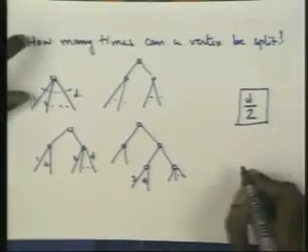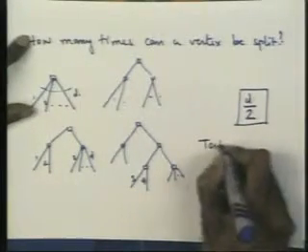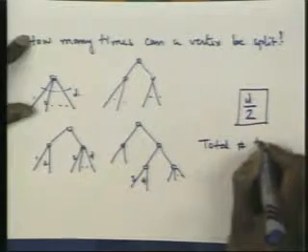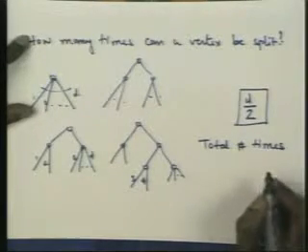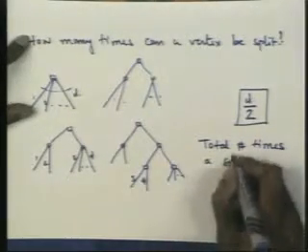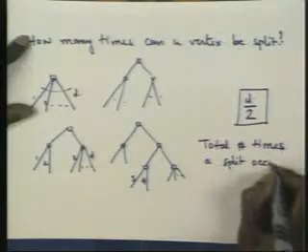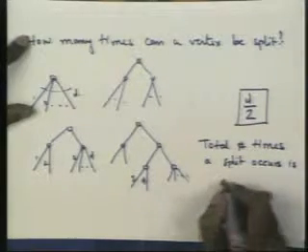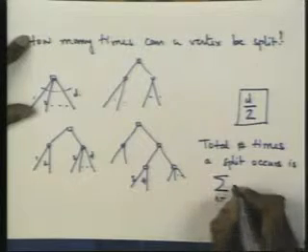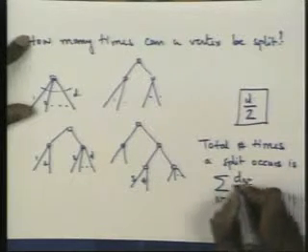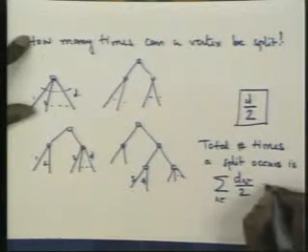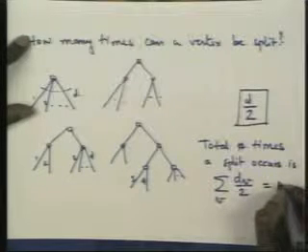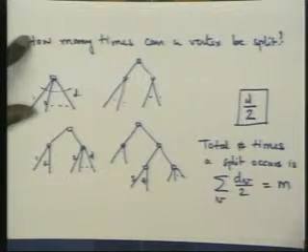So the total number of times a split occurs is the summation over all vertices of d_v by 2, and that we know is nothing but the number of edges in the graph.